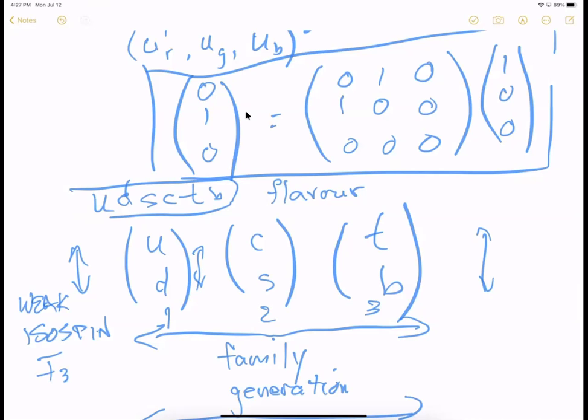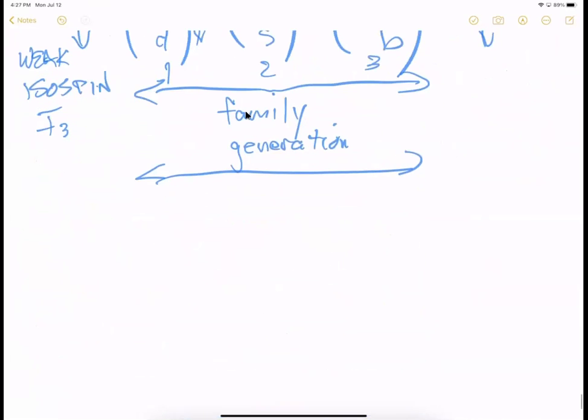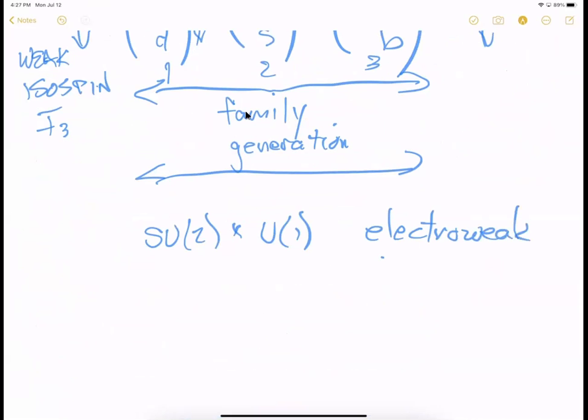So with the success of that unification, the SU2 cross U1 theory of the electroweak interaction, that unification inspired others to look for further unification with the strong interaction.